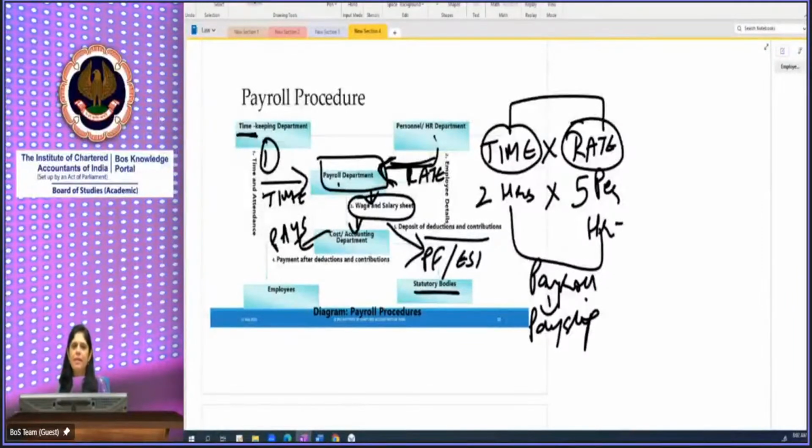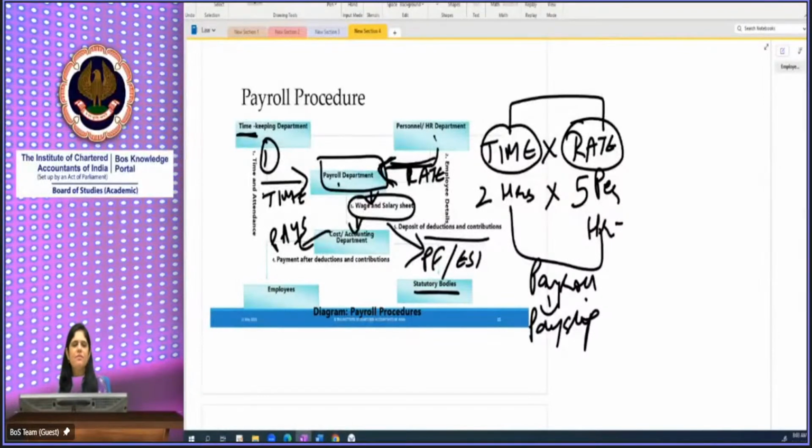So if it's time based, then time taken into the rate per time. Or like employees, how many days we have worked into how much is our salary per month. Clear? So again, it's based on time or days or month or hours. It can be any which way. So the payroll department calculates the salary, but for that it needs the time and the rate.